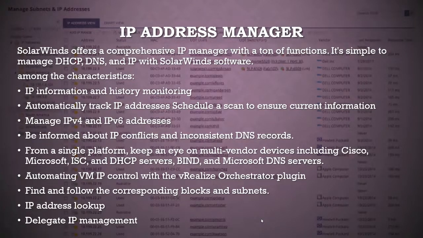From a single platform, keep an eye on multi-vendor devices including Cisco, Microsoft, ISC DHCP servers, BIND, and Microsoft DNS servers. Automating VM IP control with the vRealize Orchestrator plugin. Find and follow the corresponding blocks and subnets. IP address lookup. Delegate IP management.